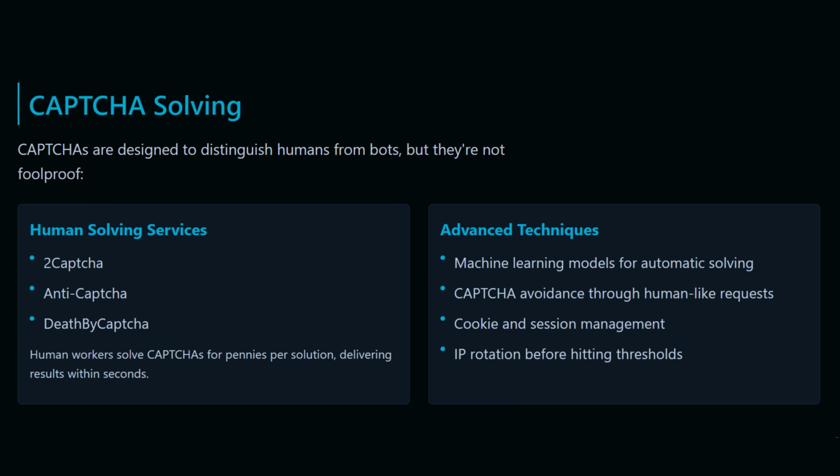The economics work because the attacker only pays for CAPTCHA solutions on successful logins or high-value targets. Testing 1 million credentials might only generate a few thousand CAPTCHAs if the tool is configured to avoid triggering them unnecessarily. More advanced attackers use AI machine learning models trained to solve specific CAPTCHA types automatically. That eliminates that minimal cost of the human solving services.